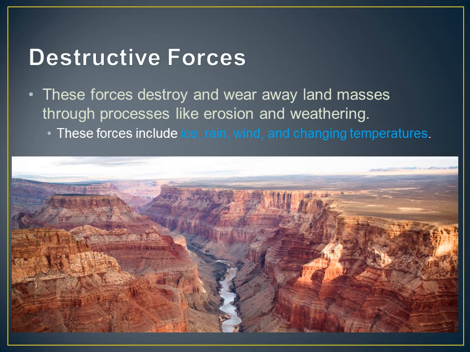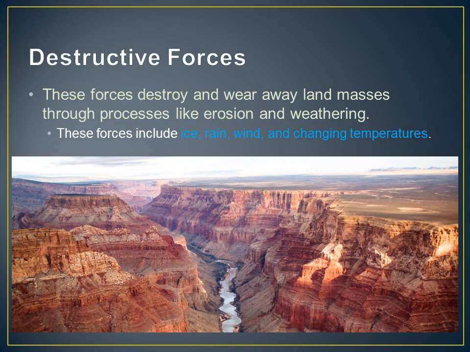You see in the picture there, that's called the Grand Canyon. It's in the United States, where I'm from. Now, it's a massive canyon, a massive hole in the ground essentially. And it was formed over millions and millions of years by that river at the very bottom.